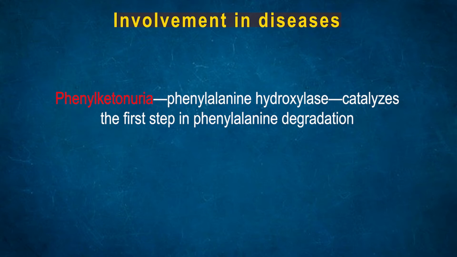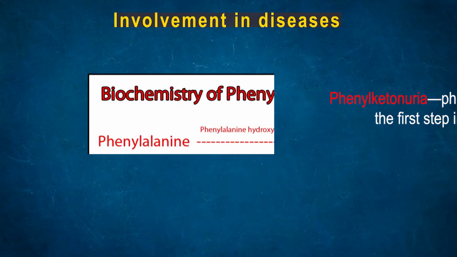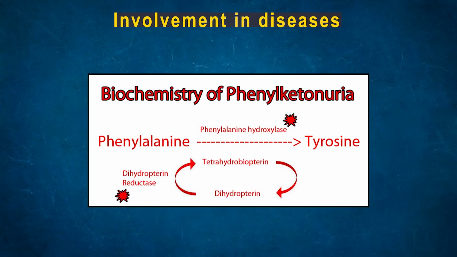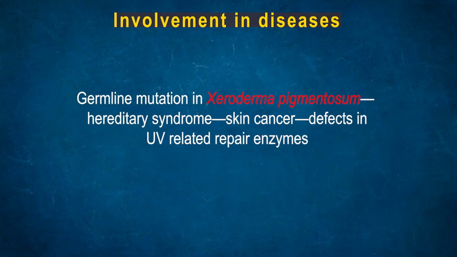In phenylketonuria, there is a mutation of the gene for the enzyme phenylalanine hydroxylase, which converts phenylalanine to tyrosine, right? If it malfunctions, phenylalanine accumulates, causing mental retardation. Germline mutation of UV-related repair enzymes can cause xeroderma pigmentosum, a hereditary syndrome causing skin cancers.